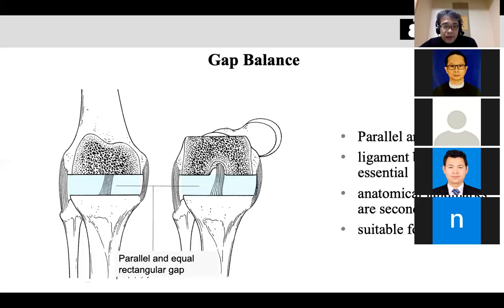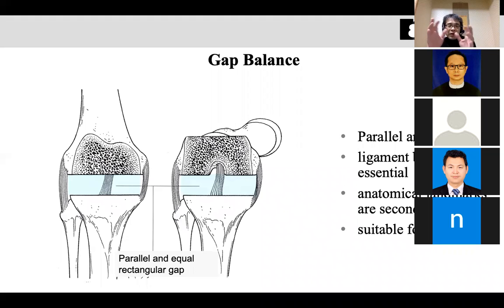As I said before, in the knee joint, the ligament balance is very important. That is essential, because basically the knee should make stability between the two long bones, the femur and tibia.